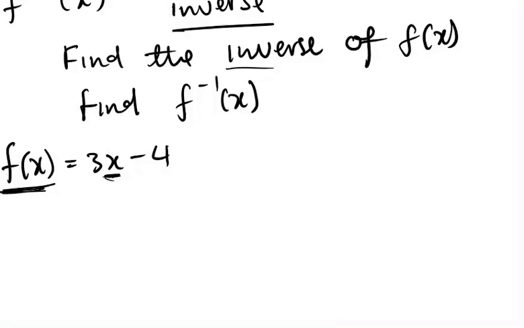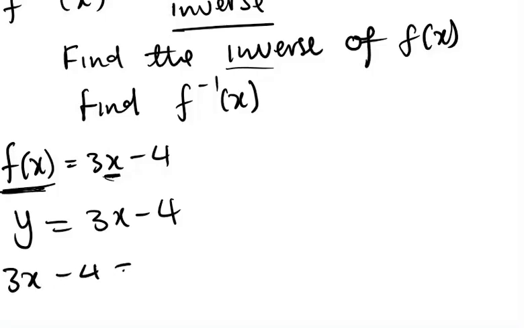It could be y, it could be a. You can pick z, but most books use y. So you can just remove this function, replace it with y, then write this side the same way. So we want to make x subject of the formula. Let me just rewrite it like this, then equal to y. It's the same thing. Nothing has changed here.